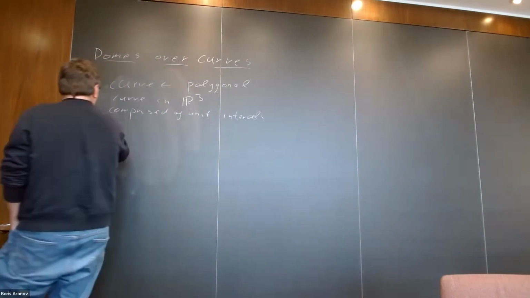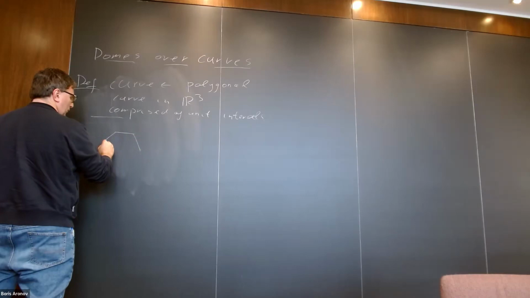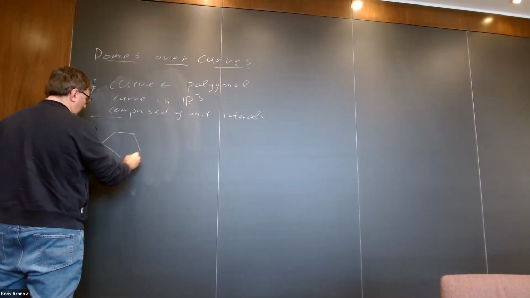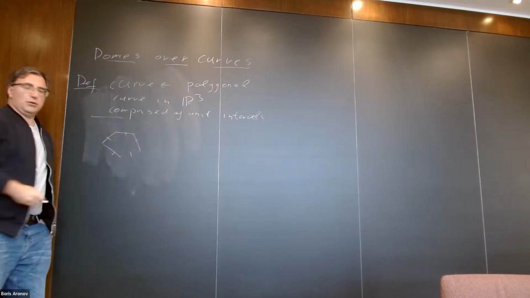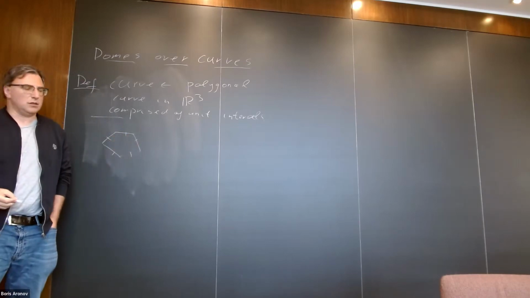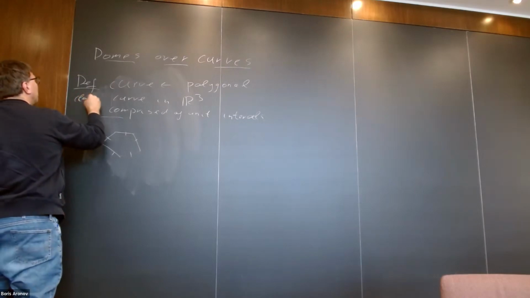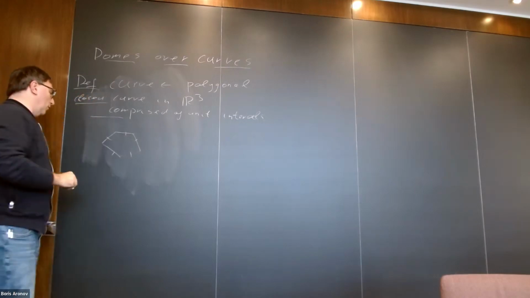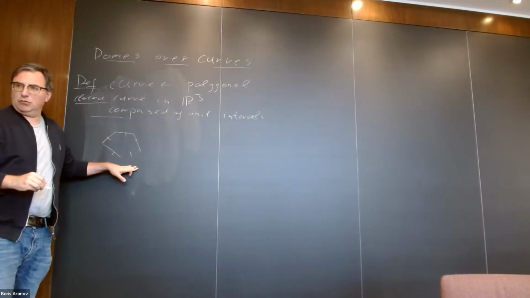So it's exactly what you think it is. For example, that is some kind of curve, and all those intervals are unit intervals. I'm going to think of all the closed curves. Everyone good with that?